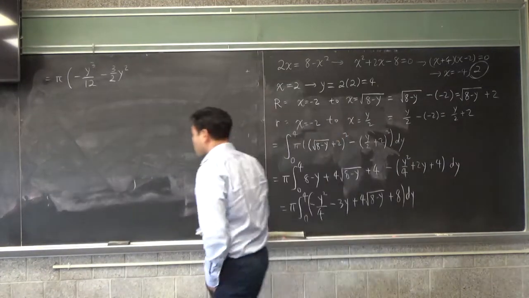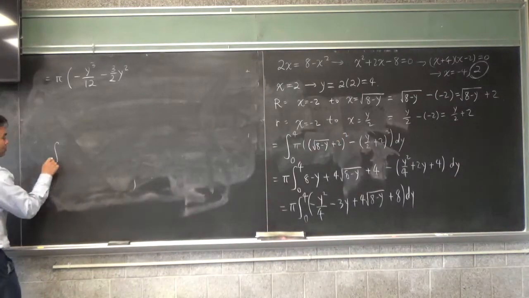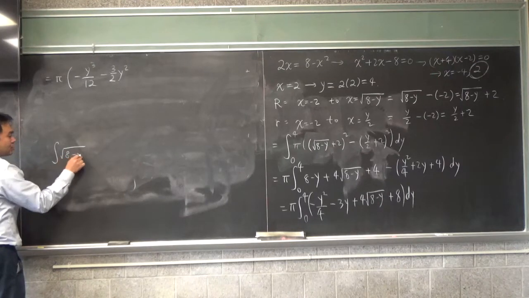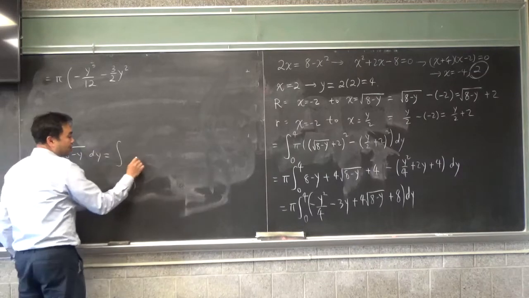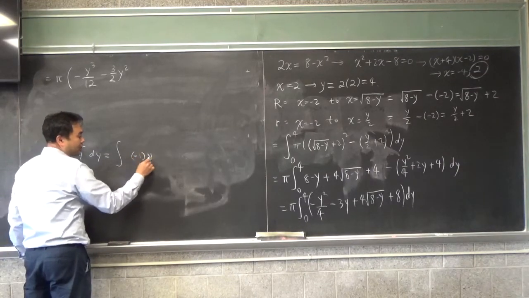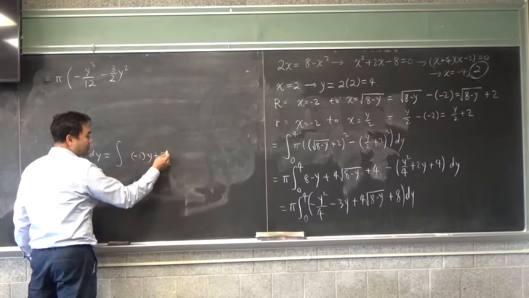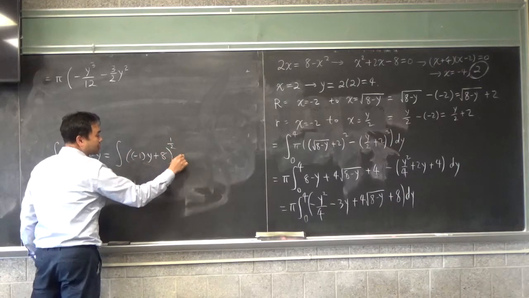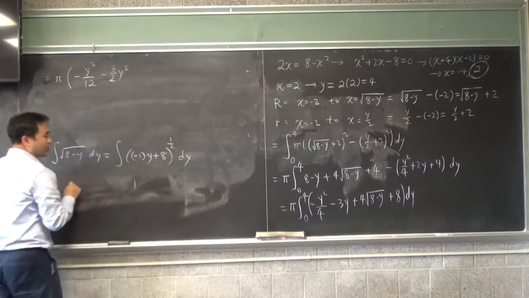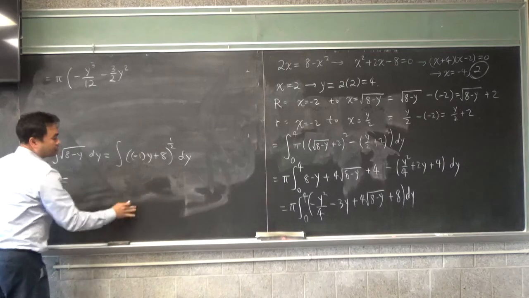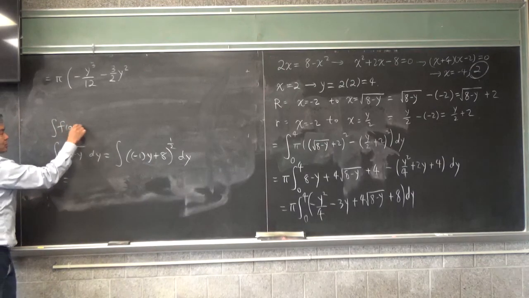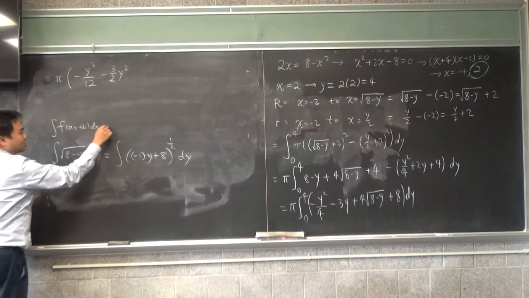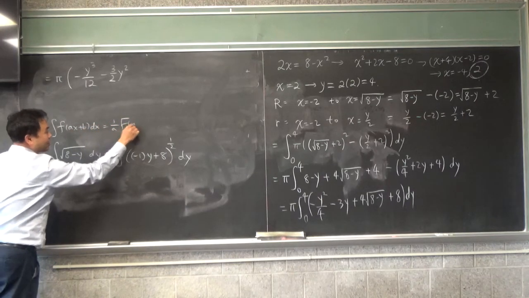So I want to say a little bit about integration of square root of 8 minus y dy. This is like the integral of negative 1 times y plus 8 to the 1/2 power. You remember this formula: the integral of f of ax plus b dx gives you 1 over a capital F of ax plus b, right?